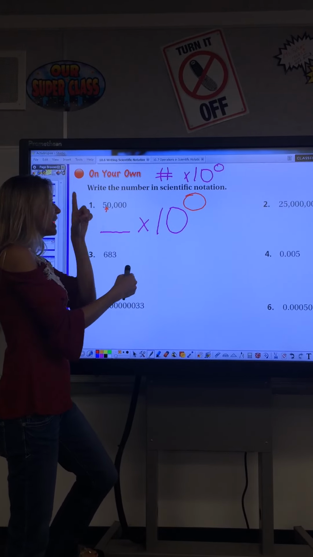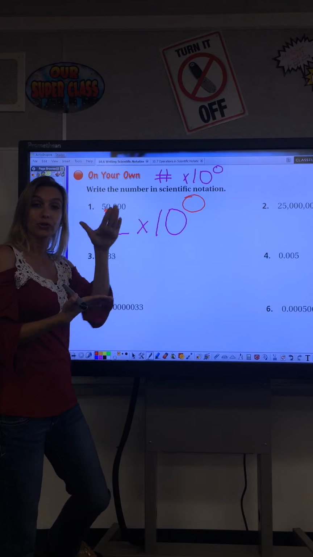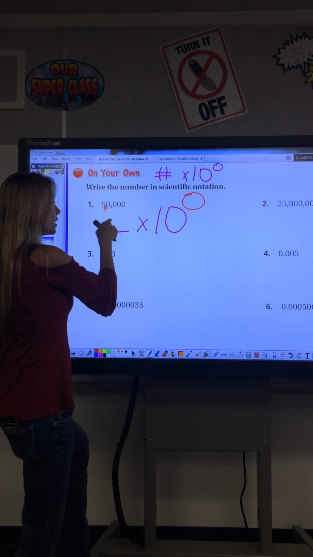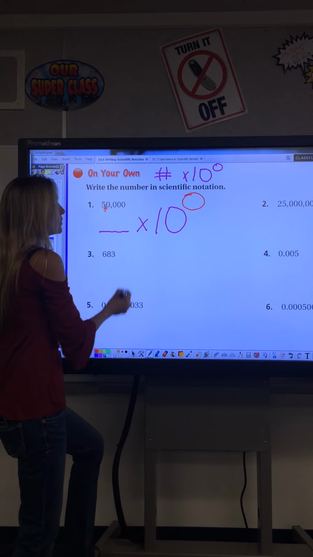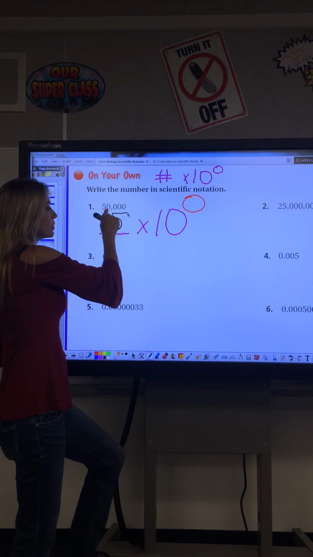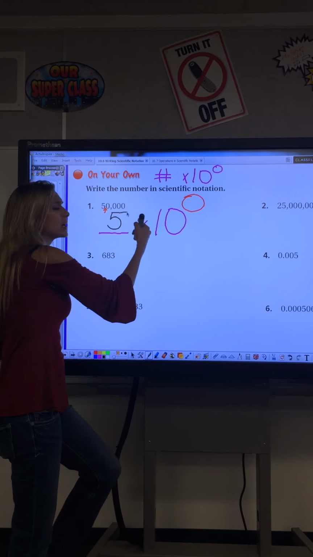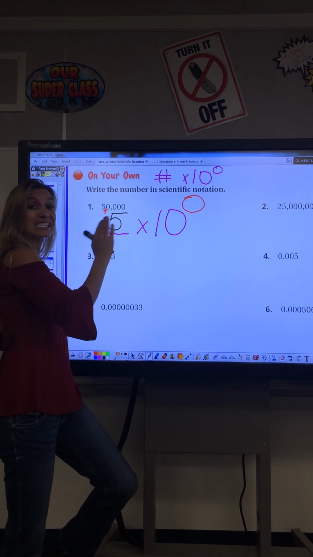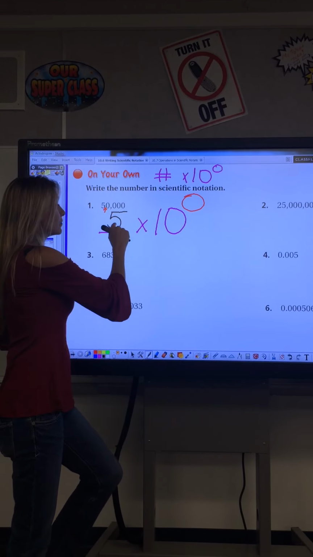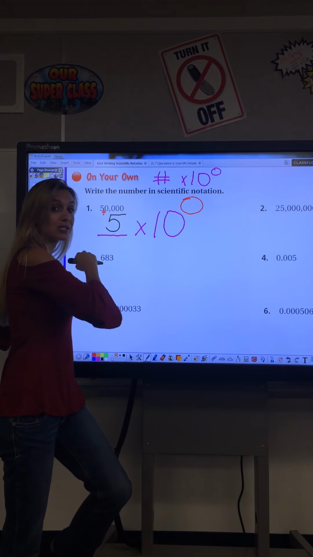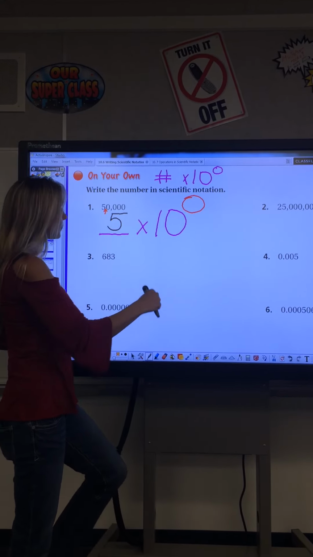So the first counting number is 5. So I'm gonna have the number 5. And if there was another number in here, it would be 5 point some number, but there's a 0, so I don't have to write the 0. 0, if it is after the decimal point, means absolutely nothing.